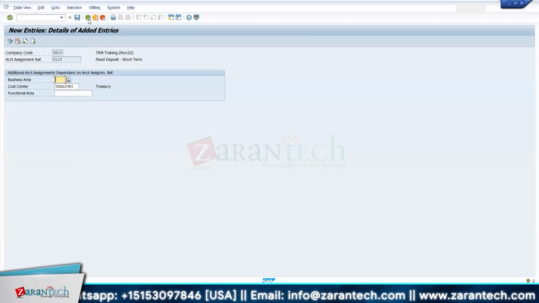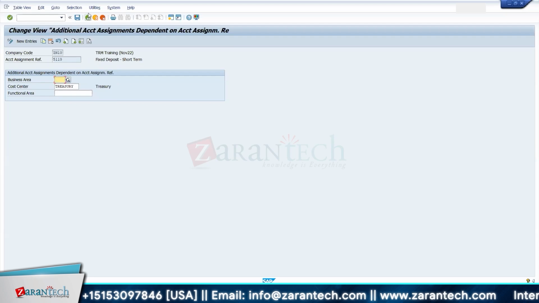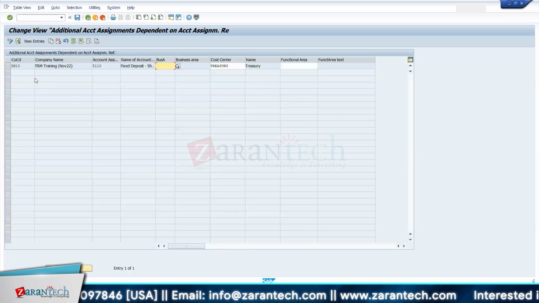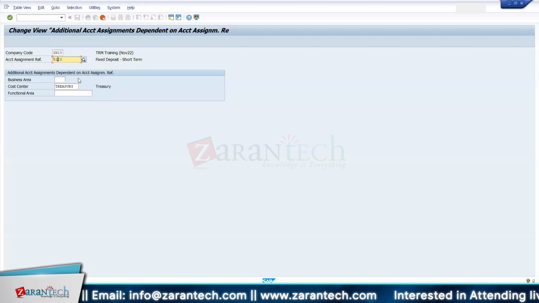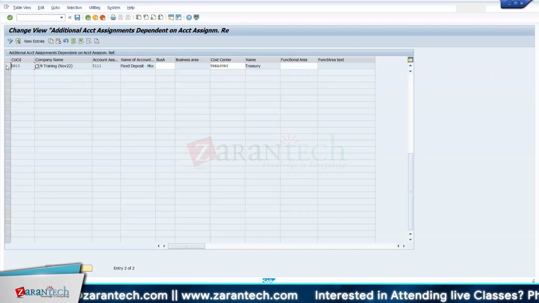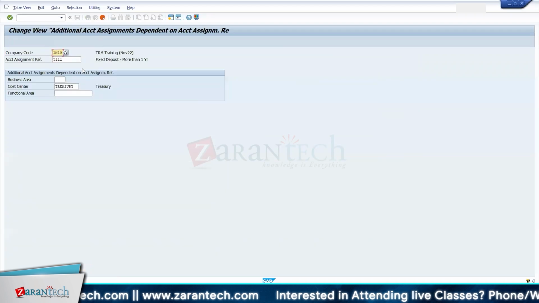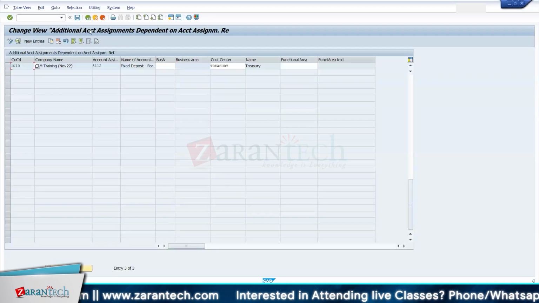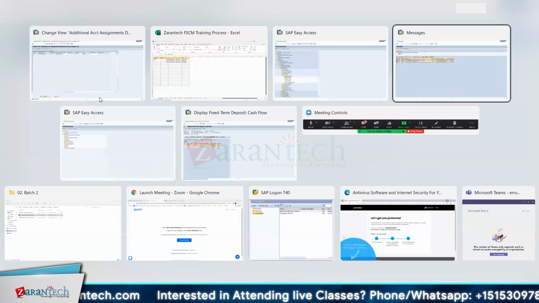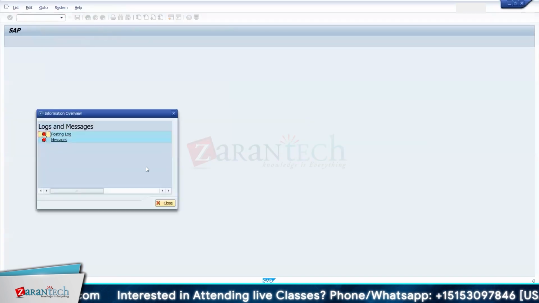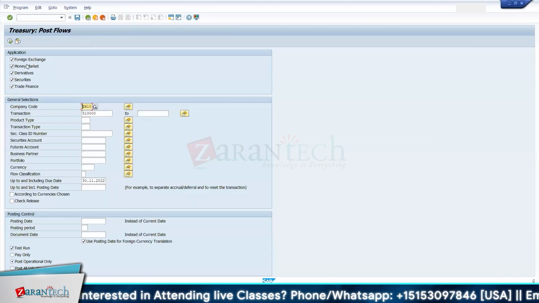And then once again go back. This you can copy. Right? This is easy. What I'm going to do now, once again, is run this transaction. So let's see.